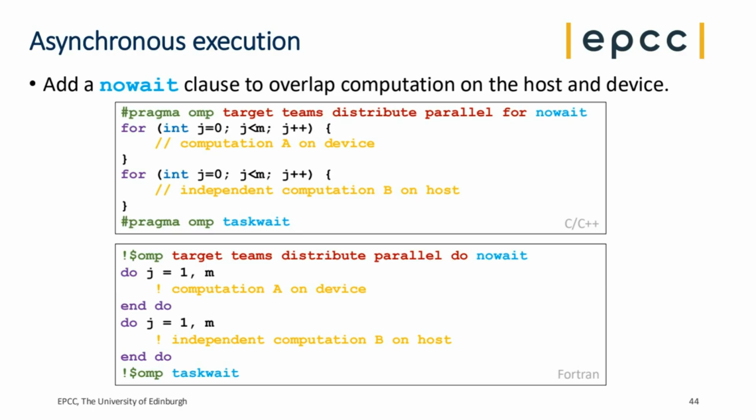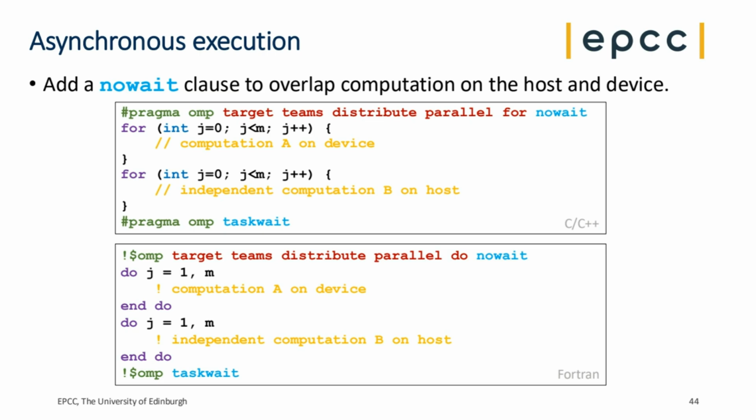So here's how you might use target teams to overlap computation more explicitly. For the C example, you can see you've got your target teams distribute parallel for clause, which is immediately before a for loop, and it's that loop called computation A that's going to be offloaded, and you're doing a nowait.